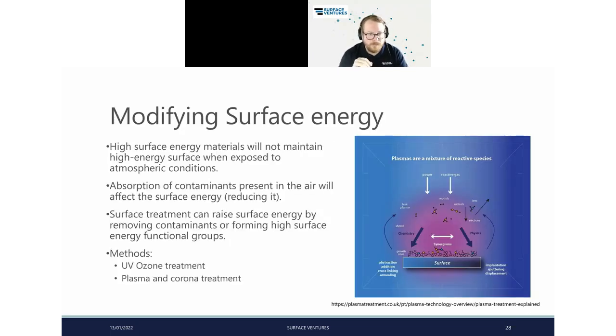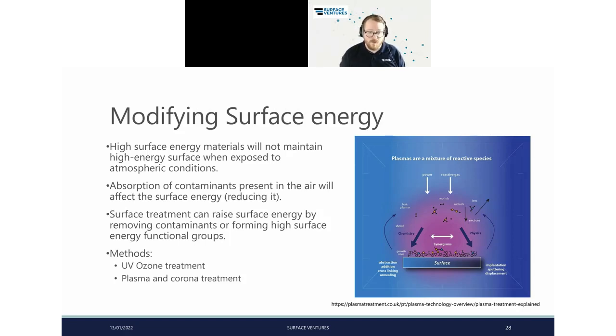I've talked about surface energy of different surfaces, but that's not to say that a surface has a fixed surface energy that cannot be changed. This is something Sebastian will talk about as well in the demonstration. There are a few different things that you can do to modify surface energy. Not all high surface energy materials will maintain that high surface energy when exposed to atmospheric conditions or different conditions.